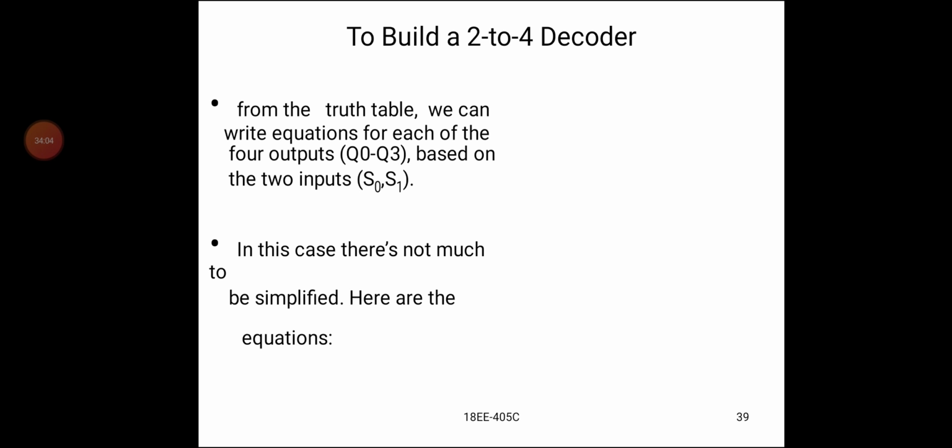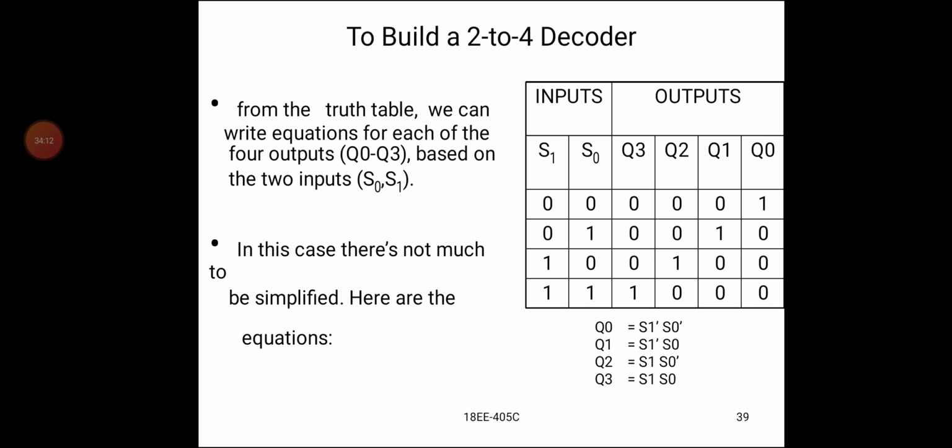In this case, there is not much to be simplified. Here are the equations. Q0 equals S0 complement S1 complement. Q1 equals S0 and S1 complement. Q2 equals S0 complement and S1. Q3 equals S0 S1.